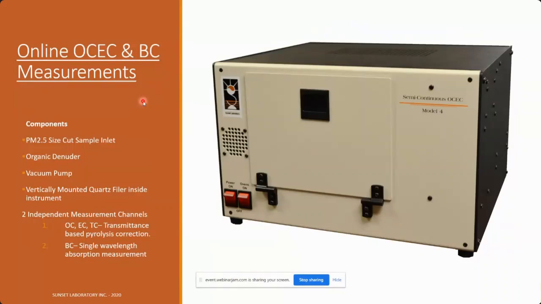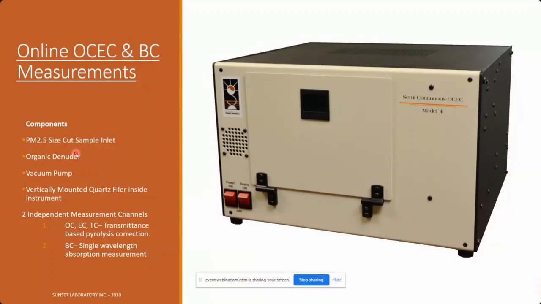So the instrument components are, first, that the sample is size segregated into PM 2.5. We then strip the sample of all organic vapors using an organic denuder. The flow rate is driven through a vacuum pump, and all of the flow travels through a vertically mounted filter.